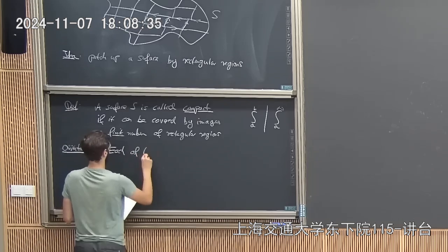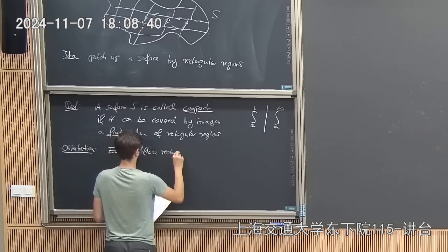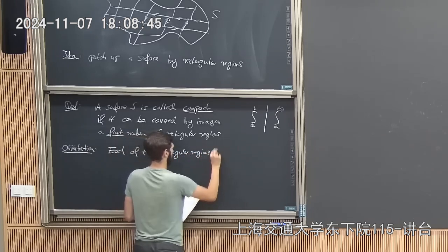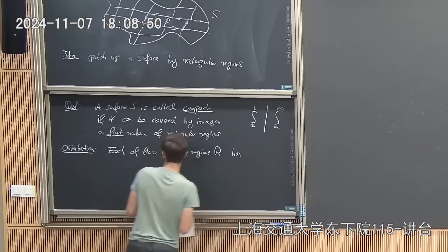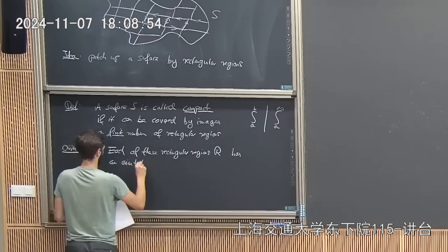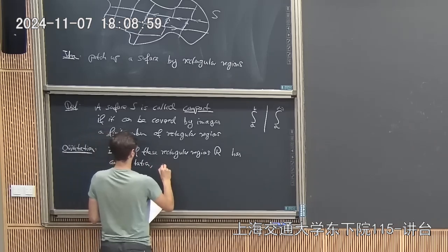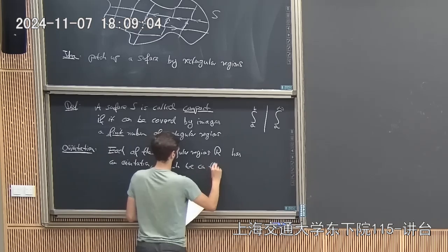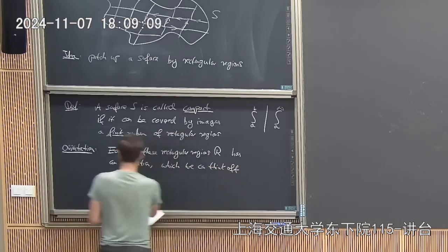So each of these rectangular regions has an orientation, which we can think of in two different ways.